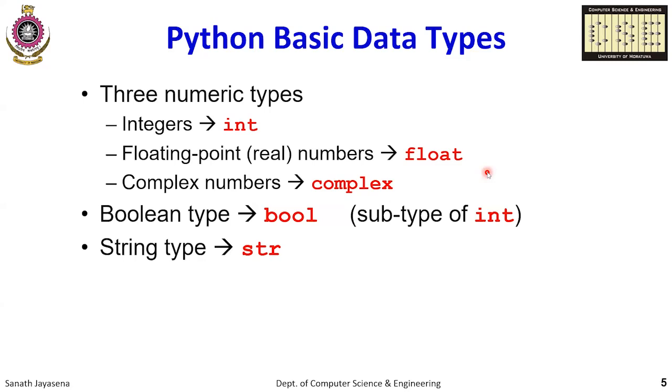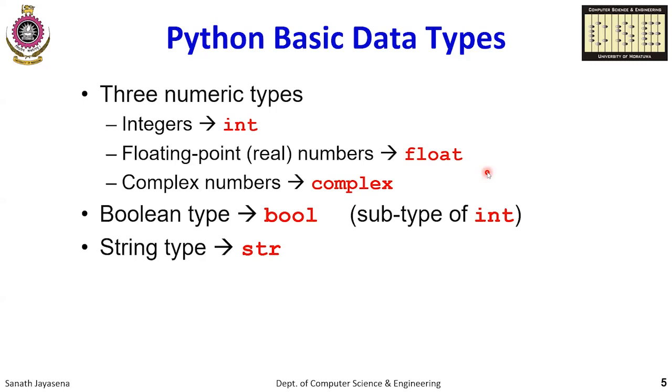And for most of your programs in the early part of the semester, maybe until about the initial few programming labs, you will be dealing only with these things. Perhaps occasionally, when it comes to programming lab 5 or 6, you will have lists coming in. But most of the time you will be working with just these data types.